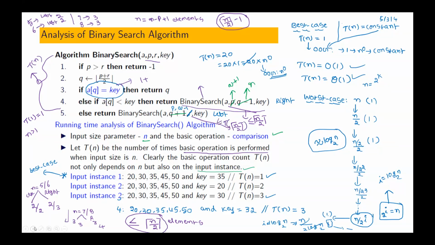T of n we can write as not more than 1 plus T of n by 2. Is that correct? Or any doubt in this?